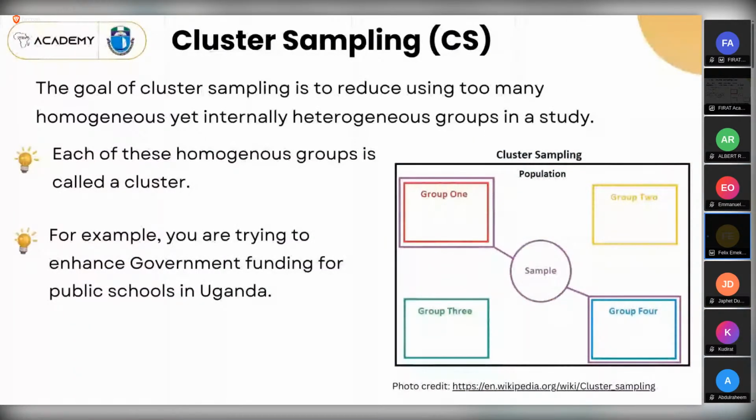So cluster sampling is another example of sampling. Cluster sampling happens when you want to do a study where you have too many homogeneous but yet internally heterogeneous groups in a study. Imagine you want to do a study amongst government-funded public schools.